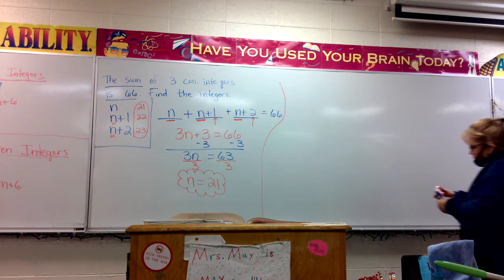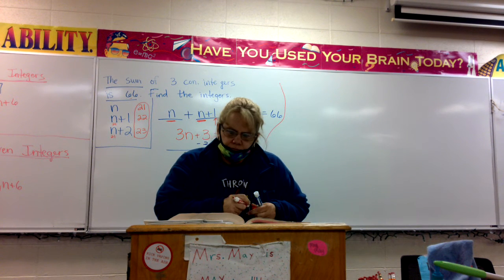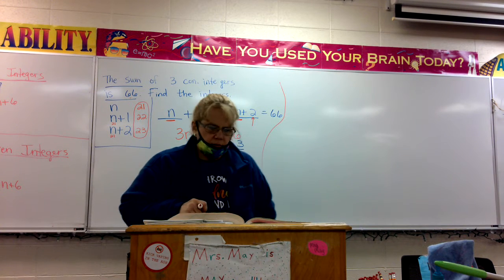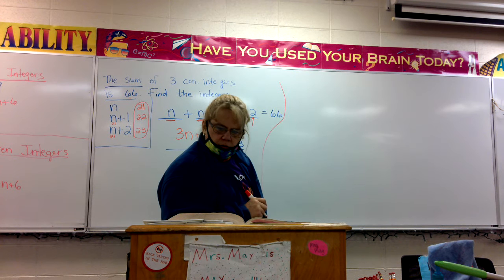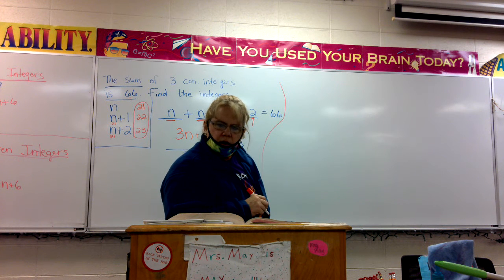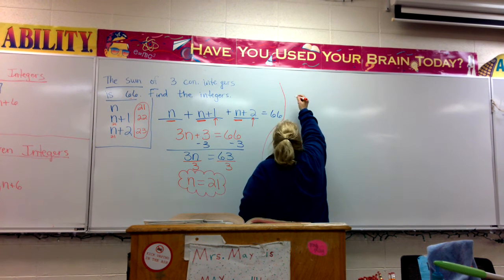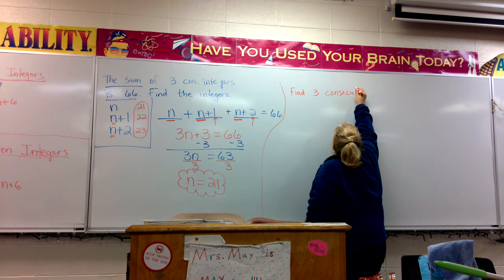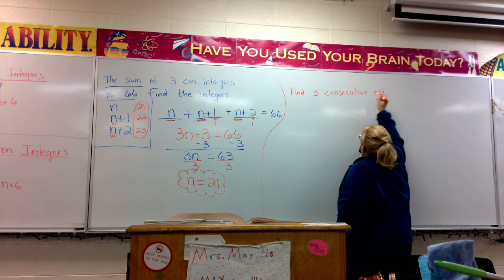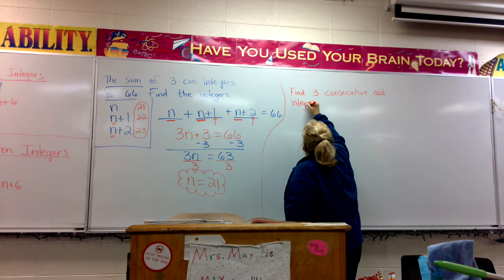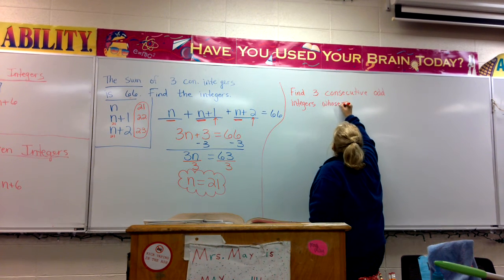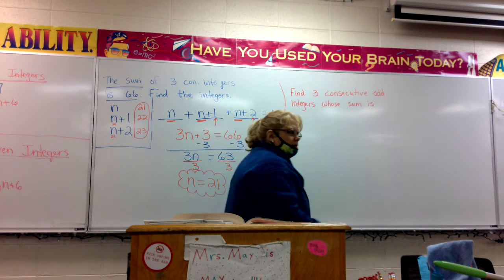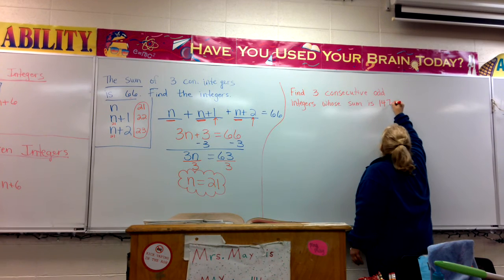All right. So I want you to find three odd integers whose sum is, how about 147?